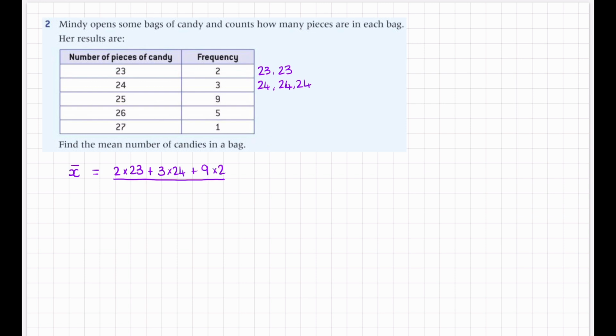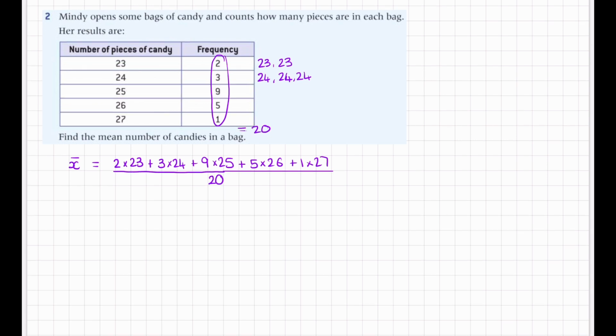So we can do that for each value. And that will incorporate all the values to calculate the sum of all the data. Now we want to know how many data sets we've got, so all we need to do is add up our frequencies. And if we add those up, we get a value of 20 data points. Put that into your calculator and we get a mean of 25.